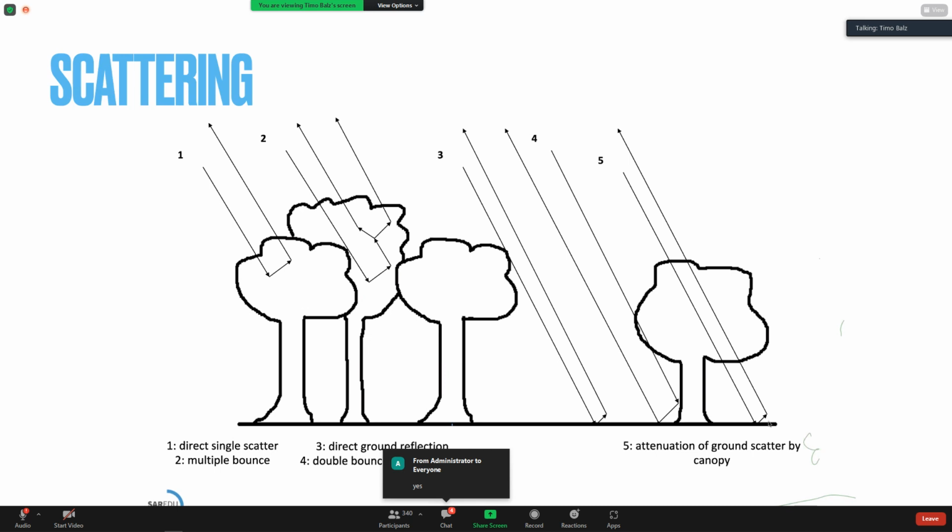Do you have attenuation, where you go through the canopy and then get reflected on the ground? That depends on many factors, wavelength being a very important one, but also the structure of the tree and the vegetation you're dealing with. Do you have very dense tropical vegetation, or a European forest in winter where all the leaves are gone? It's very, very different then.